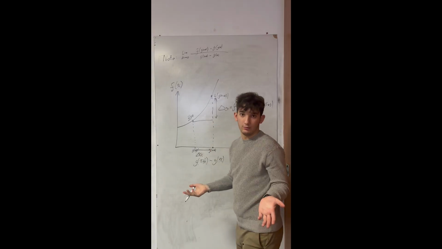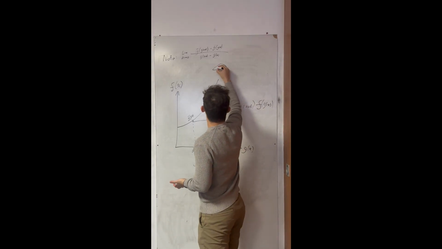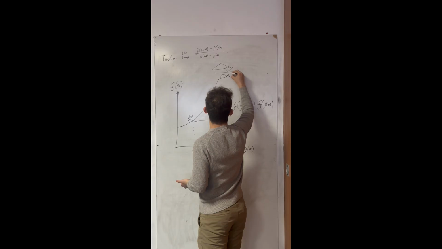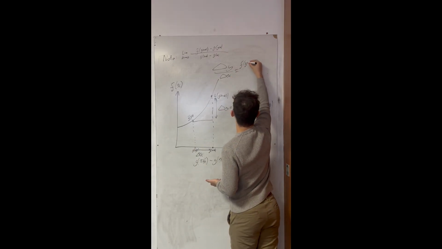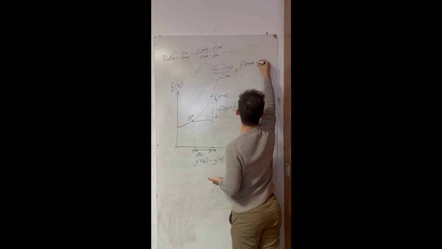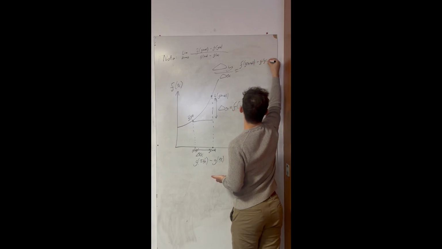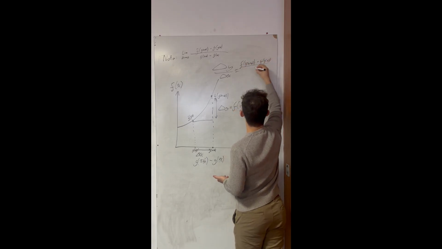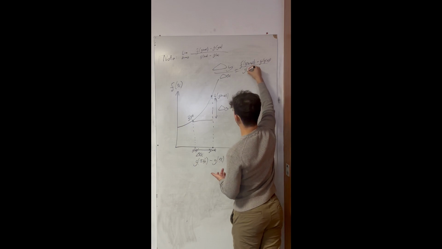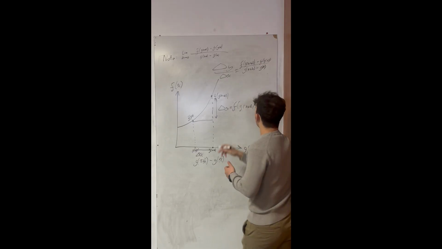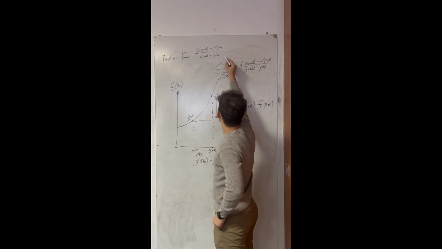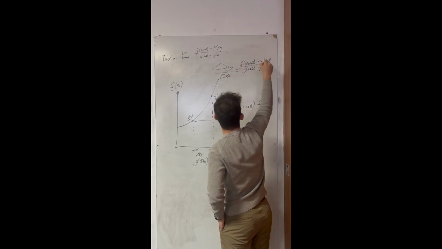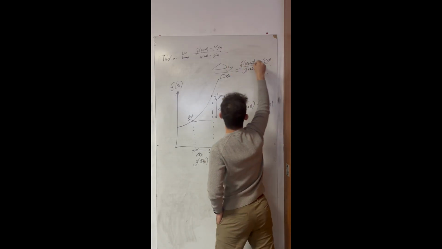And then, if I really wanted to, I could write delta y over delta x, which will be f of g of x plus h minus f of g of x over g of x plus h minus g of x. And then, cool, so what do we do then? Well, this looks pretty similar to this.